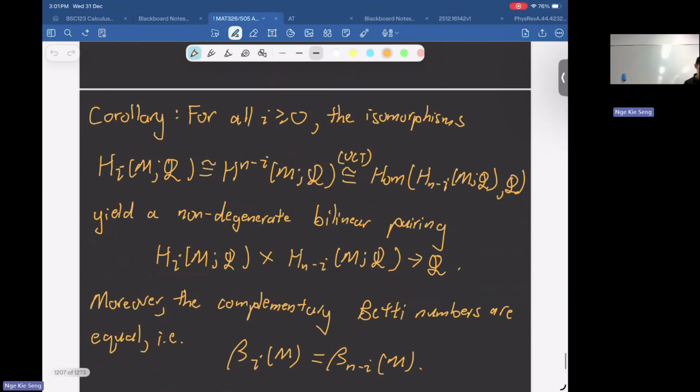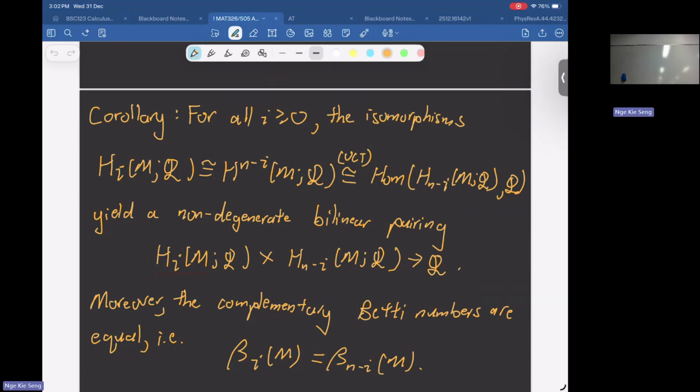Right. So the corollary here is we can link this cohomology back to the homology. Then this will be a bilinear pairing. So in mathematics, this kind of bilinear pairing is very ubiquitous, right? We have seen a lot, right? Between the dual and the vector space, you can form a bilinear pairing.